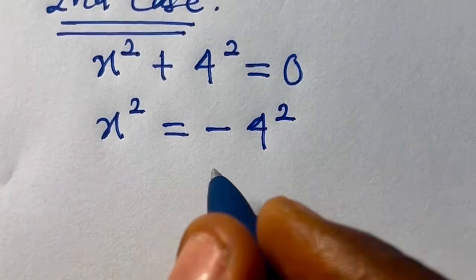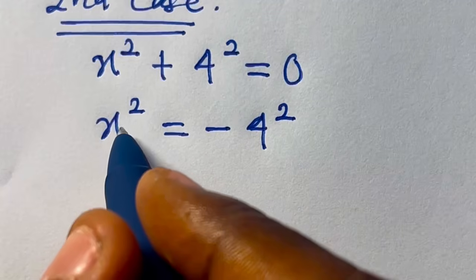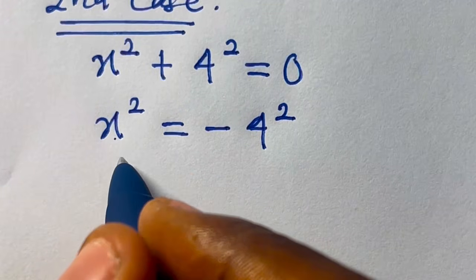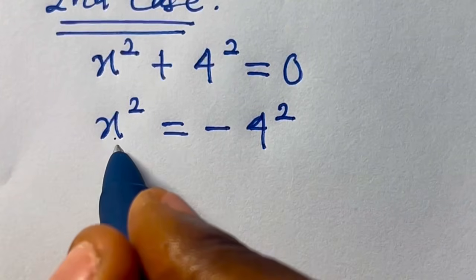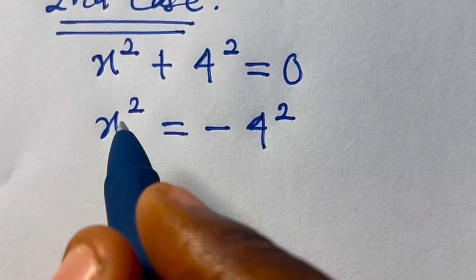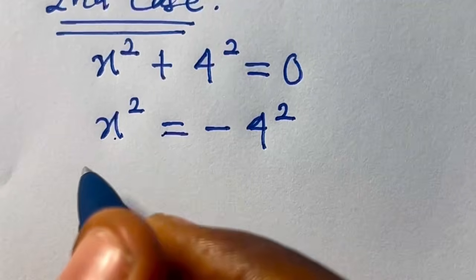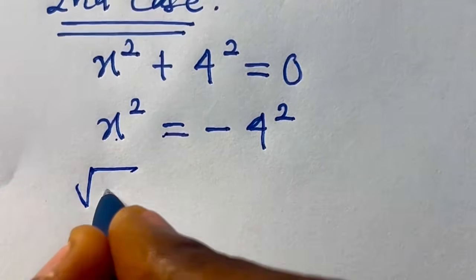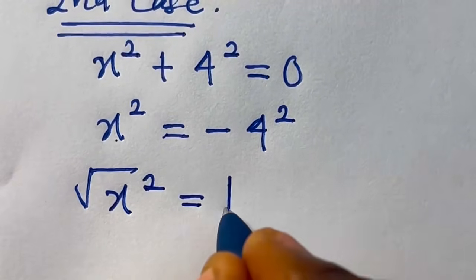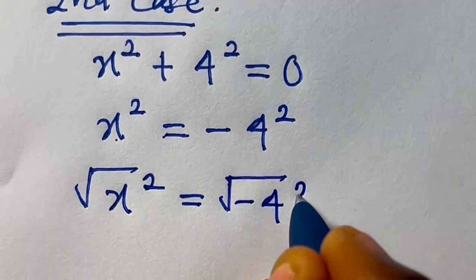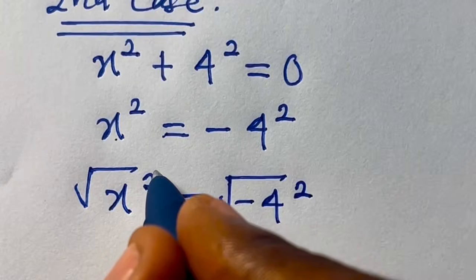From here, to cancel this square, we are going to use the square root. Remember I said to cancel a square root we use a square, but to cancel a square we use a square root. So now let's take the square root because we want to cancel this square. So x equals the square root of minus 4 squared.